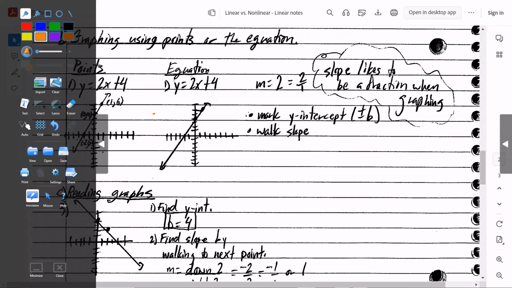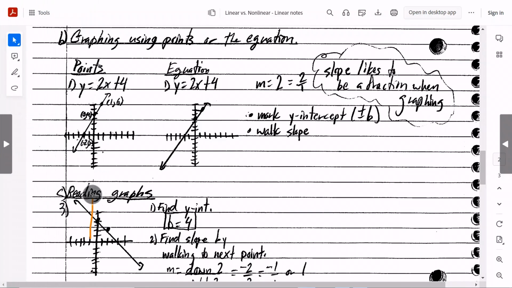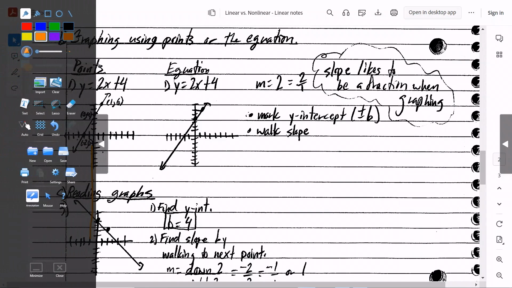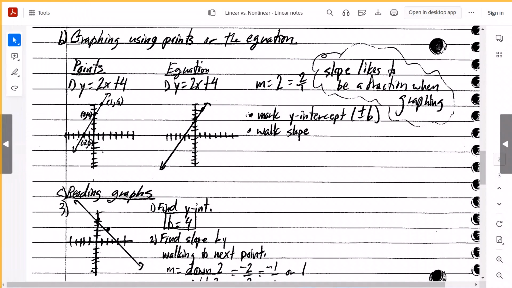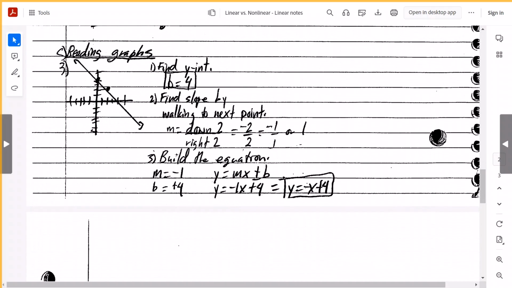So for a positive one, start at the bottom and go up. But for a negative one, start at the top. Shoot, I just made a big swarp right through the middle of that. Start at the top and go down. All right. The reason for that is because you're finding your vertical change first. And the reason why you're finding your vertical change first is because that goes in the top of your slope. Okay?